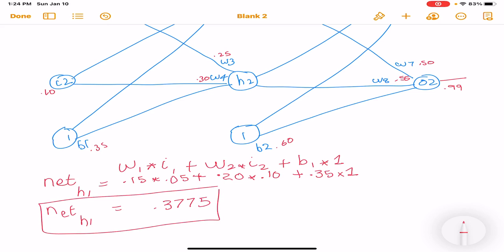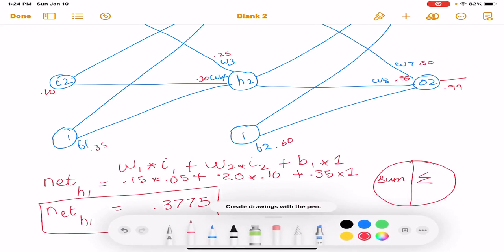So remember from the first week's video when we discussed a neuron, I showed you a figure in which I divided my neuron into two parts. The first one does the summation of weight into input, and the second one was the activation function.